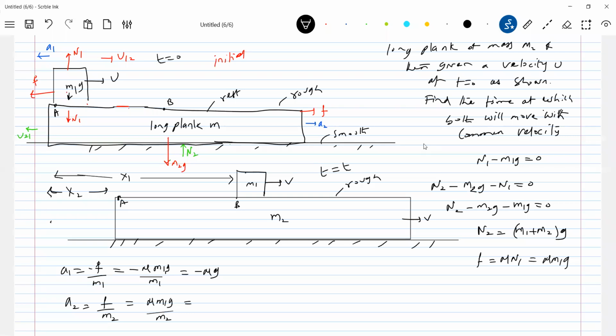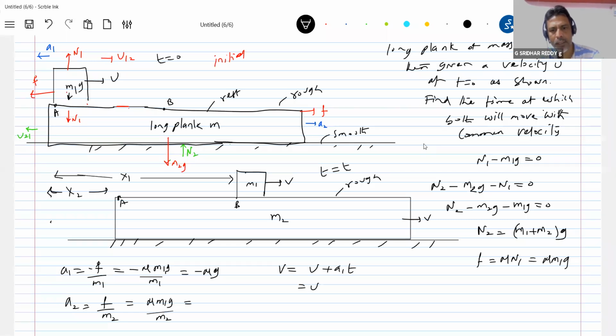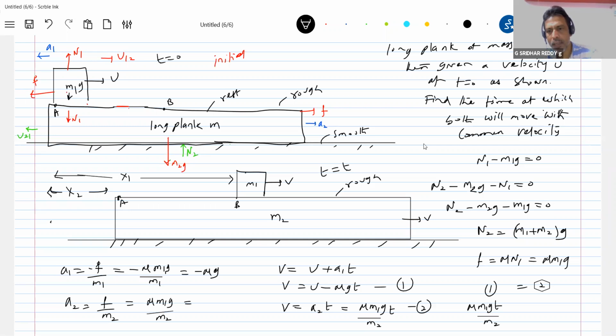So let's write the expression for velocity. V equals u plus a1 t, that is, u minus mu g t. Similarly, looking at the plank, V equals a2 t. So what is the value of a2? Mu M1 g by M2, into t. So let me equate these two equations, 1 and 2. Equating them, mu M1 g t by M2 is equal to u minus mu g t.